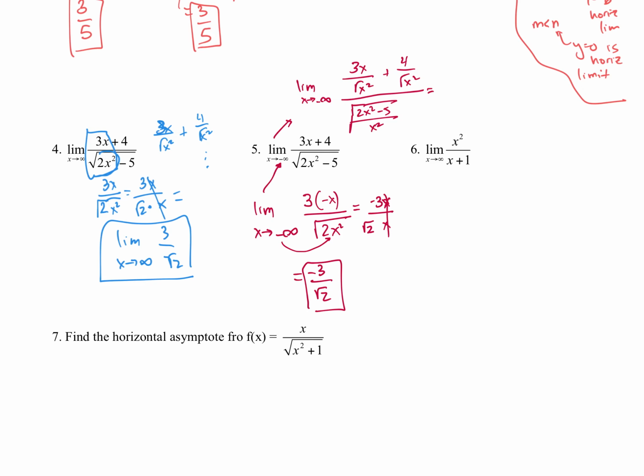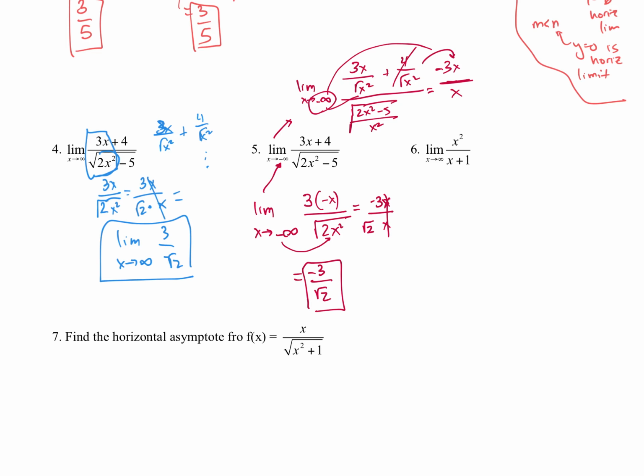Okay, so this top part becomes 3x, and now this is where the negative comes into play. If you put a negative in here, you're going to end up with negative 3x, but on the bottom, if you put a negative in here, you're just going to end up with a positive x.